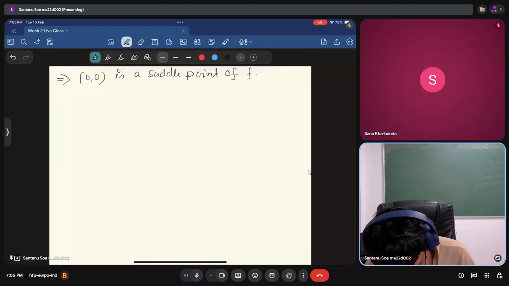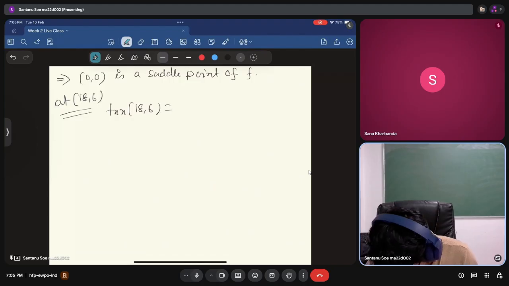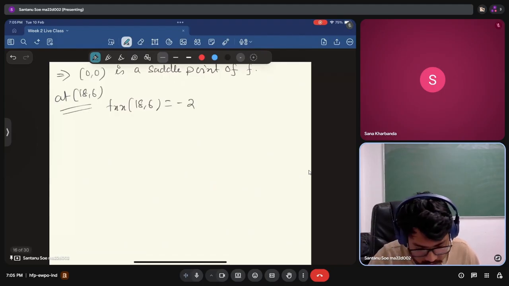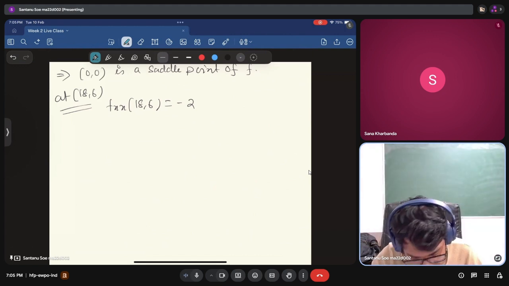Now what about the next point at (18, 6)? At this point, fxx(18, 6) will be minus 2, because fxx at (x, y) was minus 2 for any x and y.